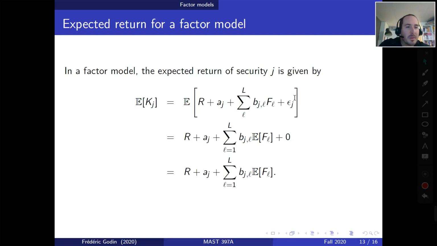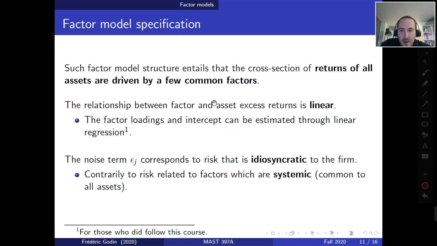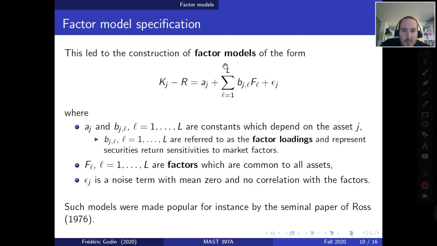Then how can we predict the expected return on the stock of company J, or the expected return on security J? We can simply take this formula and take the expectation on both sides.